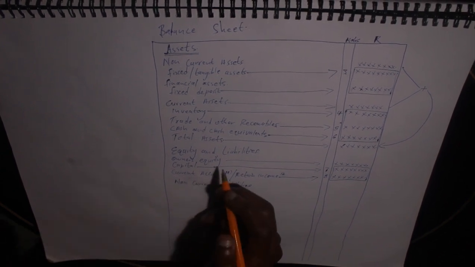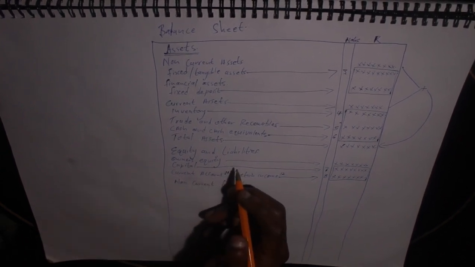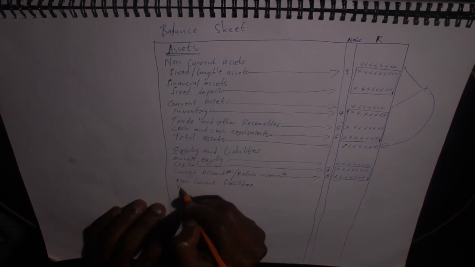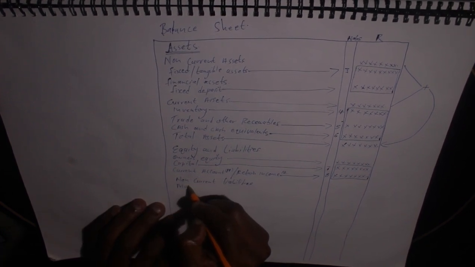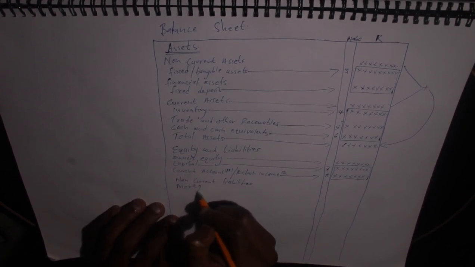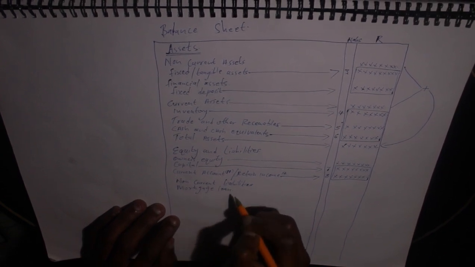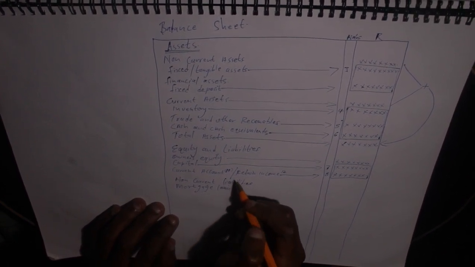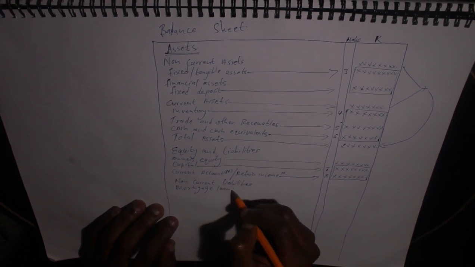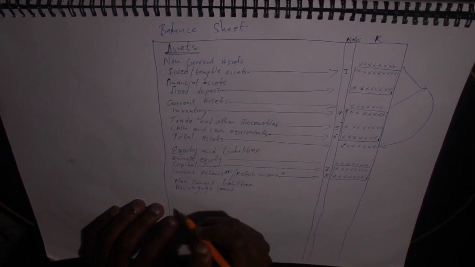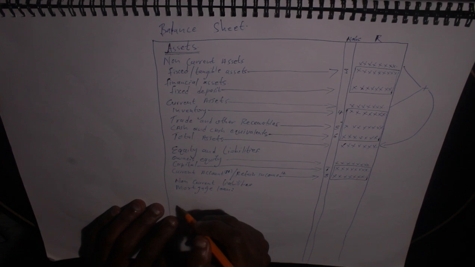An example of a long-term debt, we have a mortgage loan. Mortgage loan. We all know what is a mortgage. At this point, we should be understanding what is a mortgage. If you don't, we'll deal with that as we dwell in the notes.